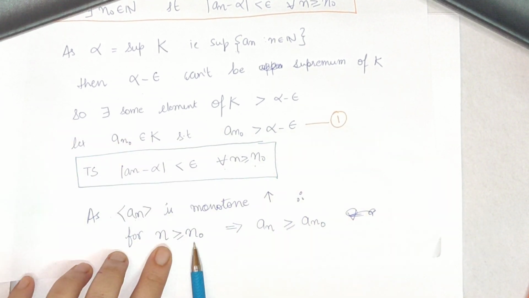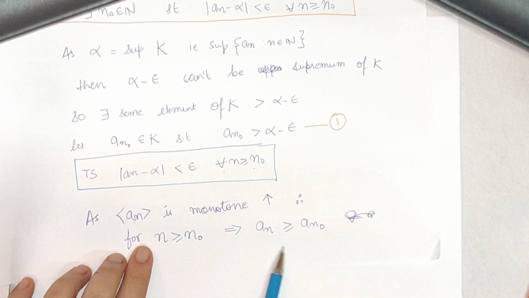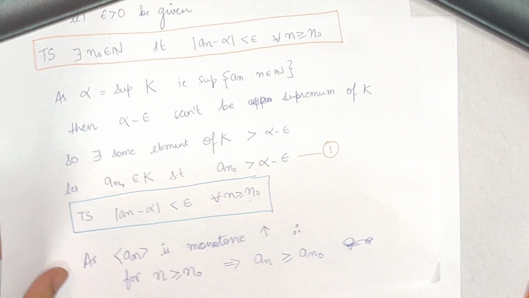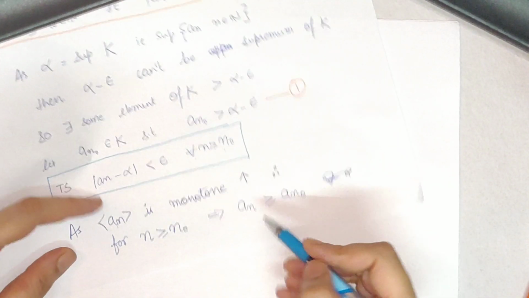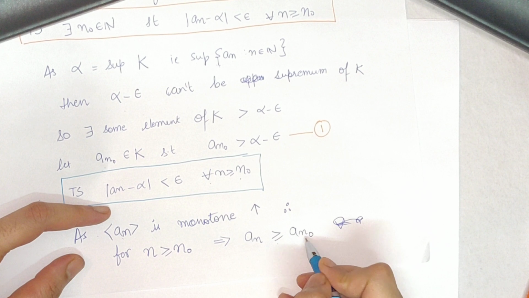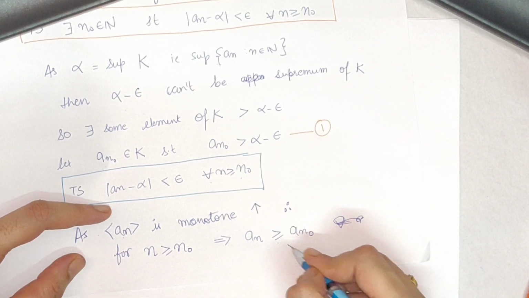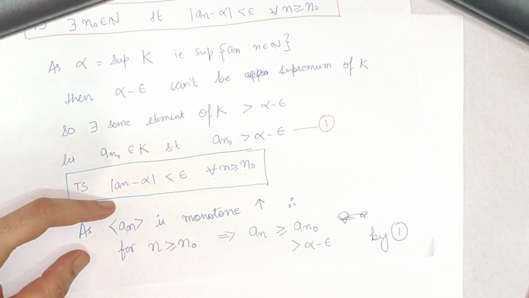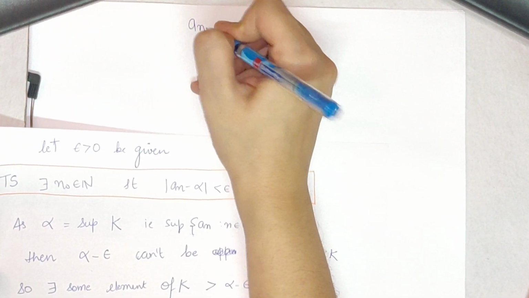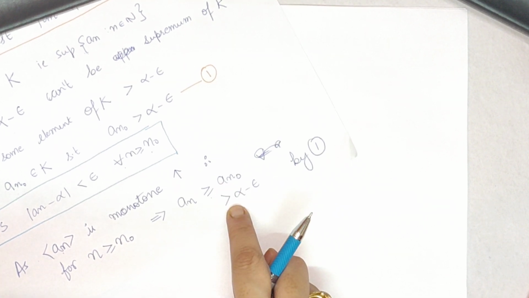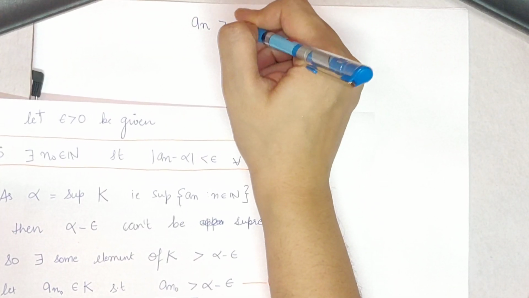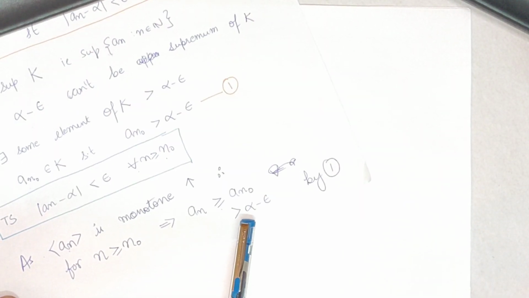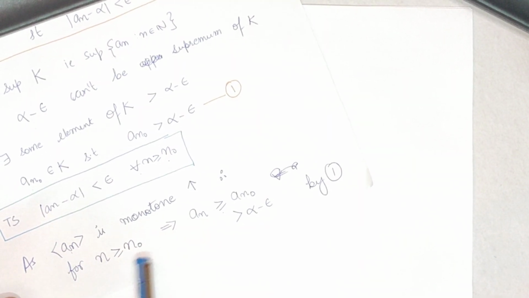Since n is greater than or equal to n naught, an will be greater than or equal to an naught. Now this an naught is further greater than alpha minus epsilon by our 1. So what have we got now? We have got that an is greater than or equal to this, which is greater than this. So it is greater than alpha minus epsilon. On what condition? The condition was n greater than or equal to n naught.